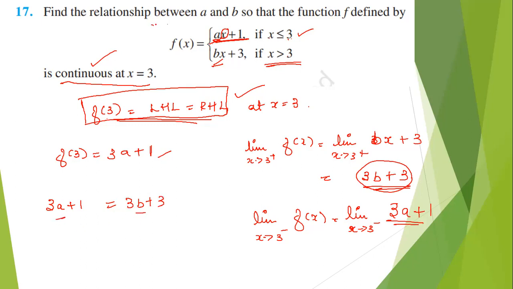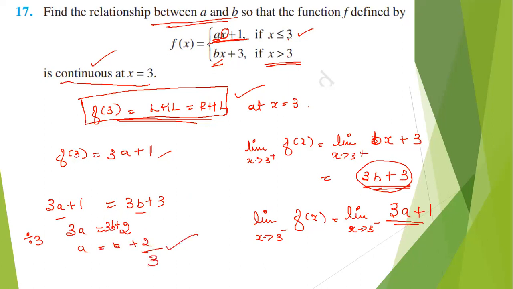What is the relationship between a and b? You can find out. So 3a equals, when 1 goes to the other side it becomes minus, so 3 minus 1 will be 2. And you have here 3b, so it will be 3b plus 2. If I divide by 3, what will I get? a is equal to b plus 2 by 3.